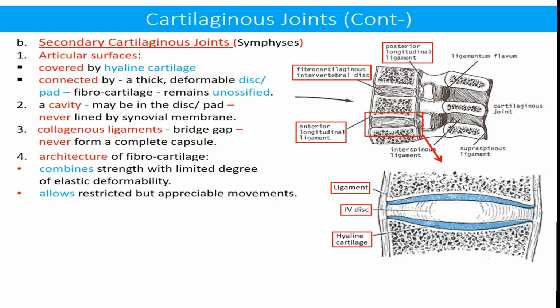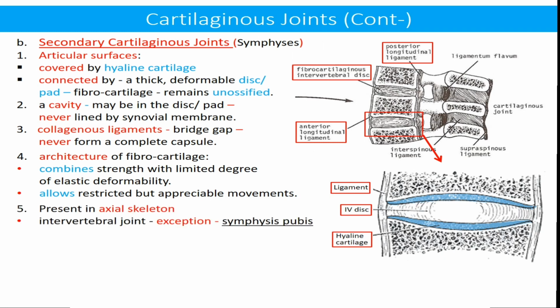The fibrocartilage architecture combines strength with the limited degree of elastic deformability that allows restricted but appreciable movements. Secondary cartilaginous joints are present in the axial skeleton, such as intervertebral joints, exception being symphysis pubis.